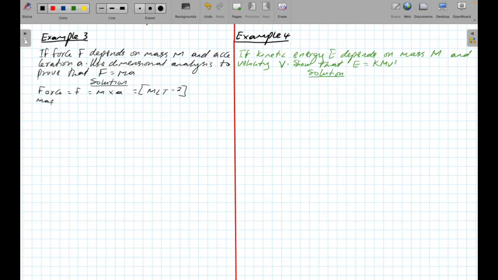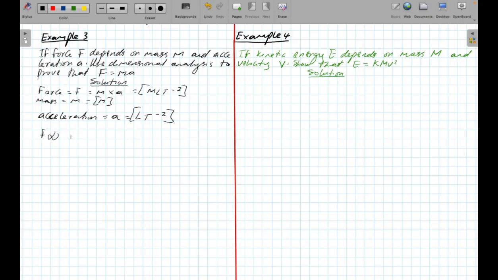Mass still remains m, and the dimension is m, a fundamental quantity. The next parameter is acceleration. Acceleration a has the dimension of L t raised to the power of minus 2.